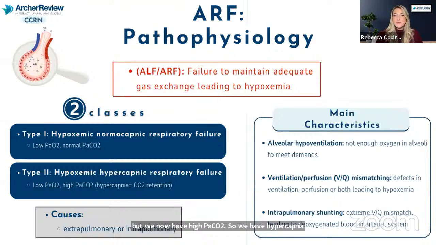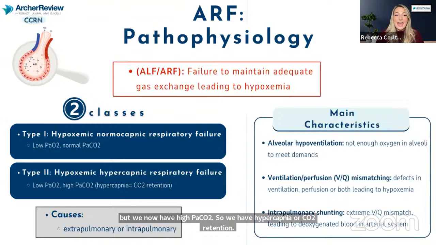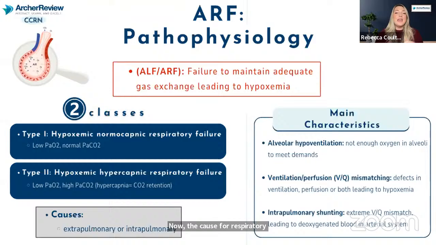Now, the causes of respiratory failure, there's a million out there, and they can be extrapulmonary, so outside of the lungs, or intrapulmonary. Some sort of inner lung injury has taken place that's leading to poor ventilation, and we're not able to meet oxygen demands.